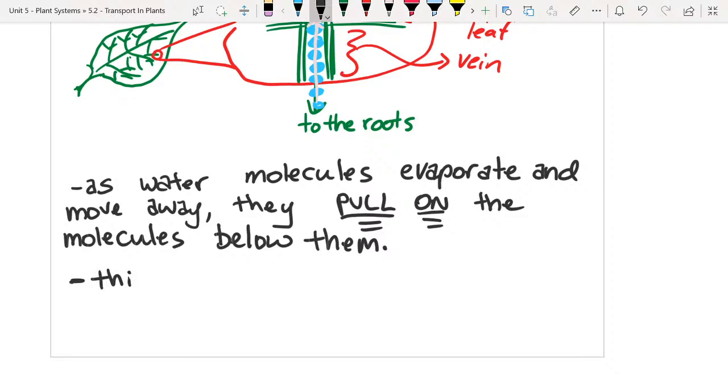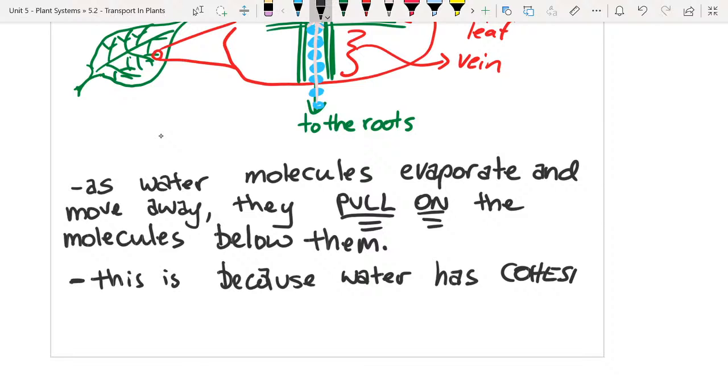This is because water has cohesive forces.